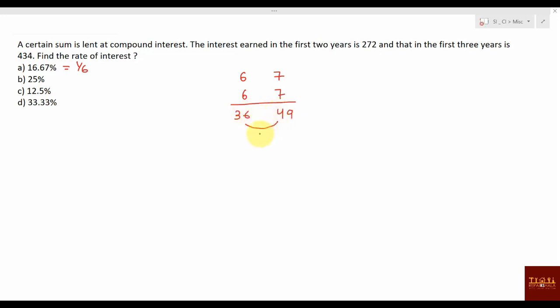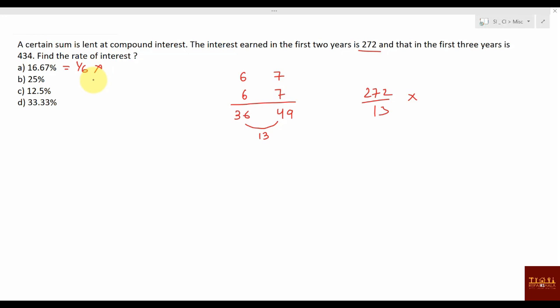How much difference will be there? 13. This will be your compound interest. Yes or no? For 2 years, compound interest is 13. And for 3 years you are getting something like 434, means this value should be divisible by 13. Is 272 divisible by 13? No, it is not divisible by 13, means this option is not there.